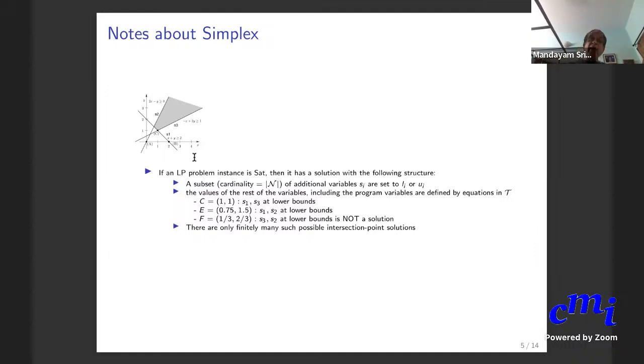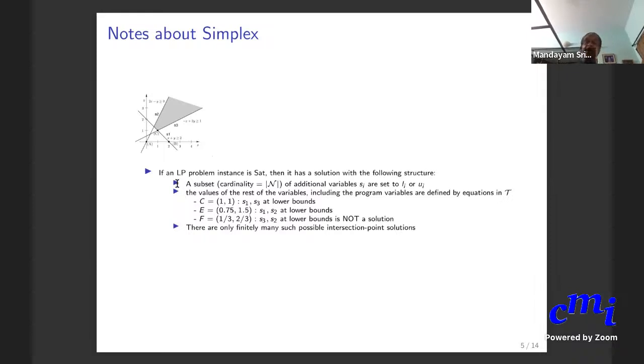In other words, since there is always such a solution where a subset of the non-basic variables, and some subset of the set of all variables, will be set to their lower and upper bounds, there are only finitely many such possible solutions that the simplex procedure will be exploring.